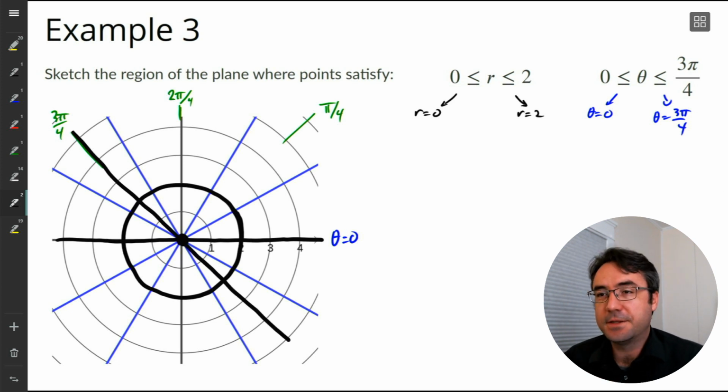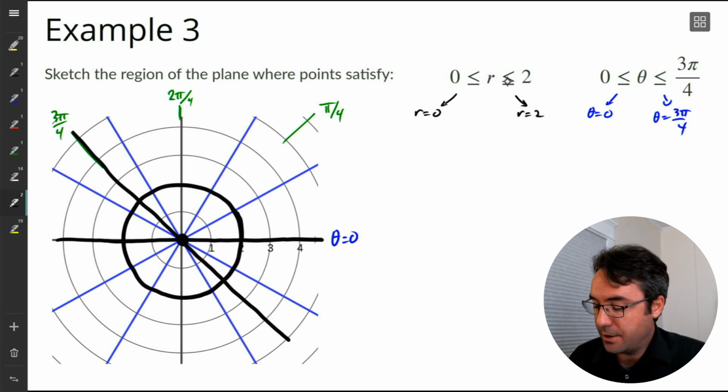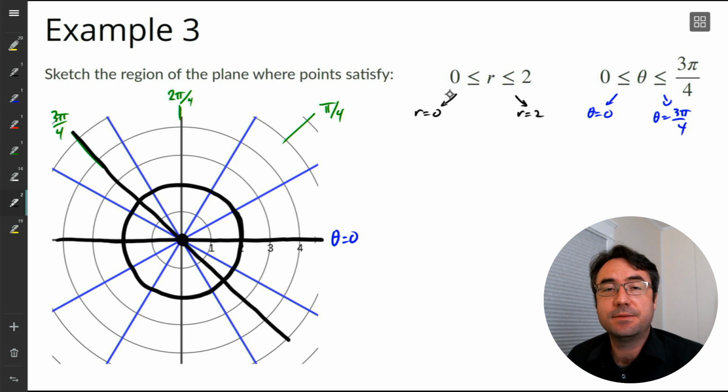And so what we want to do is think about all the points where the r value is in between 0 and 2, and the theta values are in between 0 and 3 pi over 4.